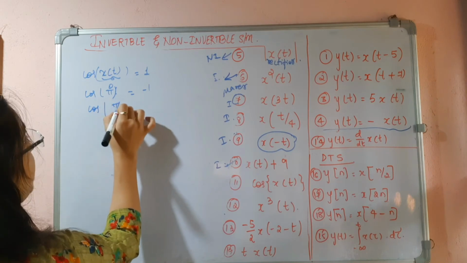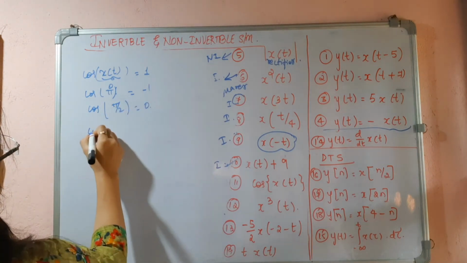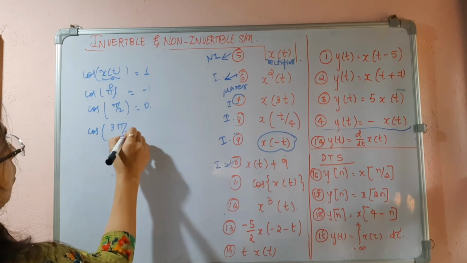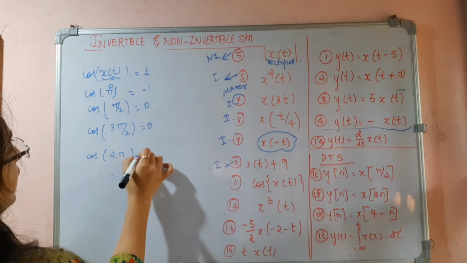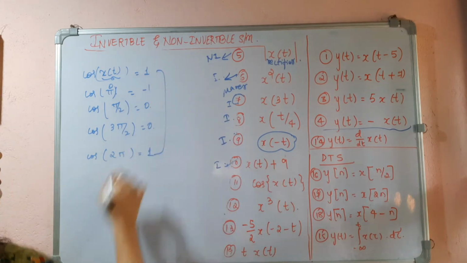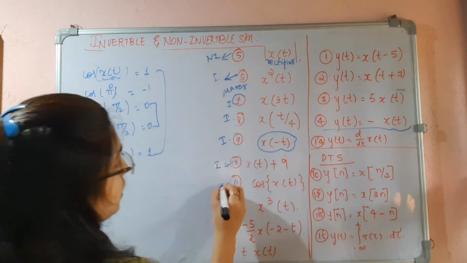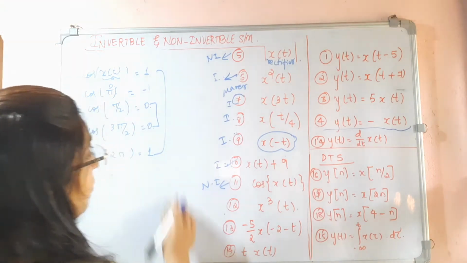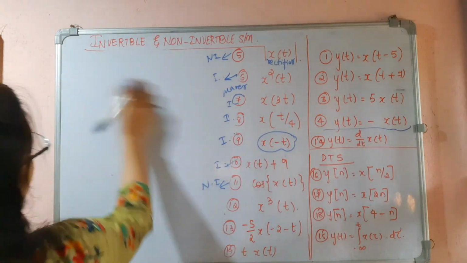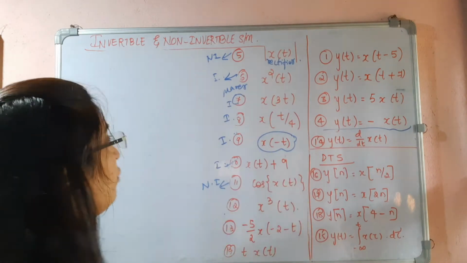Cos of pi by 2, I will get 0. Cos of 3 pi by 2, I will get 0. Cos of 2 pi, I will get 1. So it is producing the same outputs, right? So this is a non-invertible system. There is no one-to-one mapping. Next comes x cube of t. This was x square of t, and now this is x cube of t.